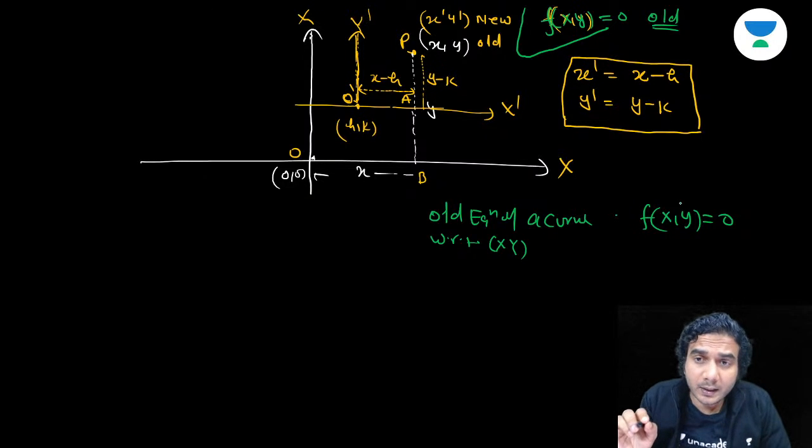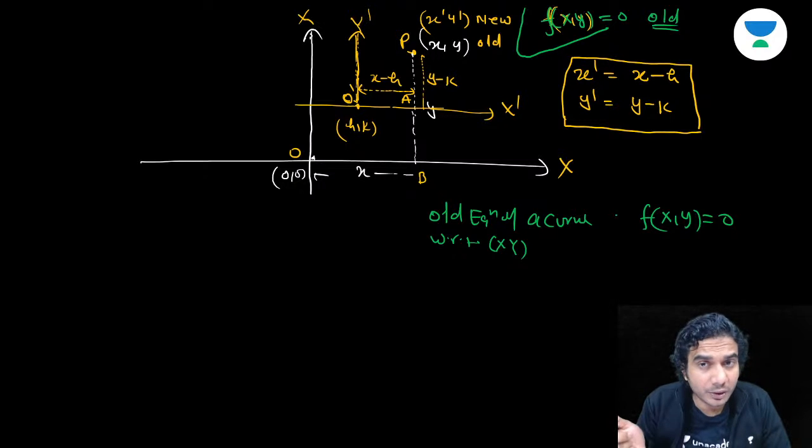Whenever you write the equation in the old system, it will be in x and y. When you need to write the equation in the new system, it should be in x dash, y dash. So x and y should be replaced by x dash and y dash. How would you replace x and y by x dash and y dash?